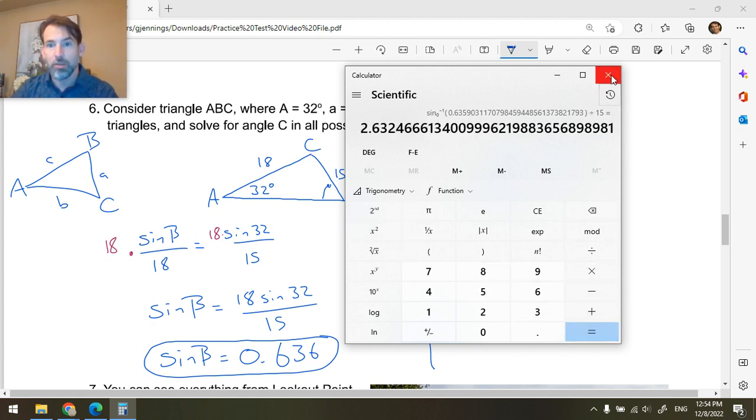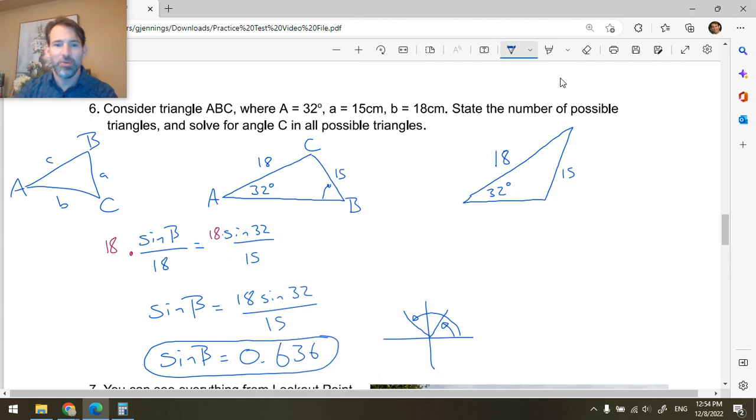So B over here is 39.5 degrees. And if you gave it to me as 40 degrees, that'd be fine, because I didn't ask you for a certain number of decimal places, but I'll probably tell you to round to the nearest degree on the test. So 39.5 degrees is B there.